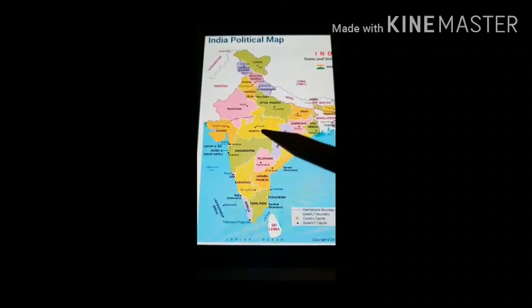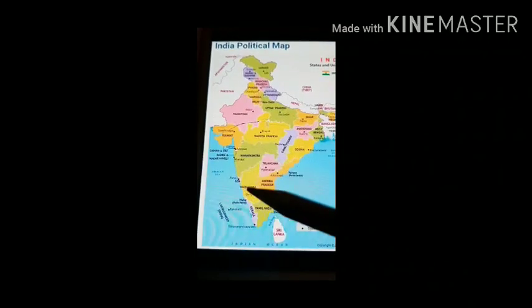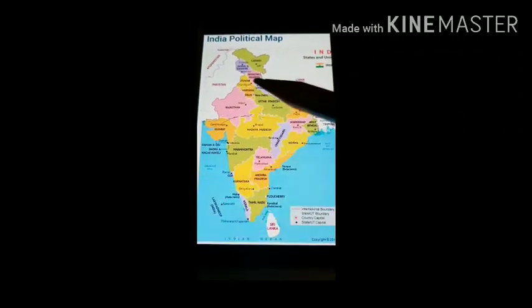You can see Madhya Pradesh, Bhopal is the capital. Then Rajasthan, Jaipur. Then you can see the union territories. So this is a big map, but it's not giving us more information or detail. It is only showing states, capitals, union territories.